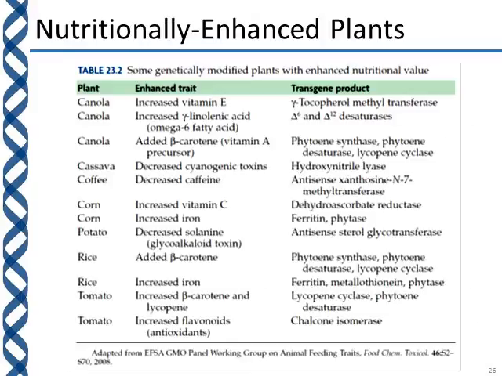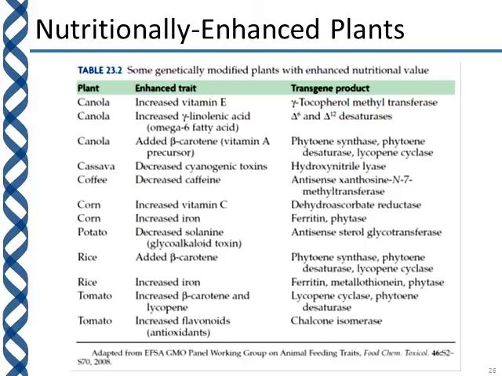So here are some examples of nutritionally enhanced plants. For example, canola can be genetically modified to increase the vitamin A, the linolenic acid, or the omega-6 fatty acid. It can also have added beta-carotene, which is a vitamin A precursor.